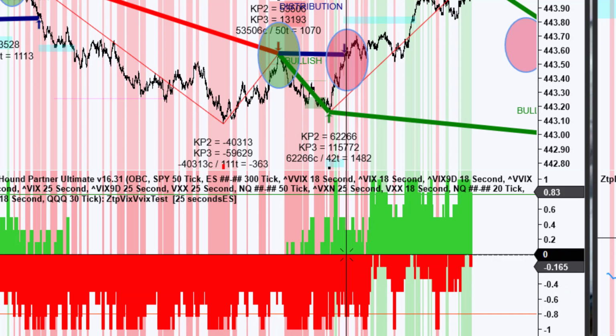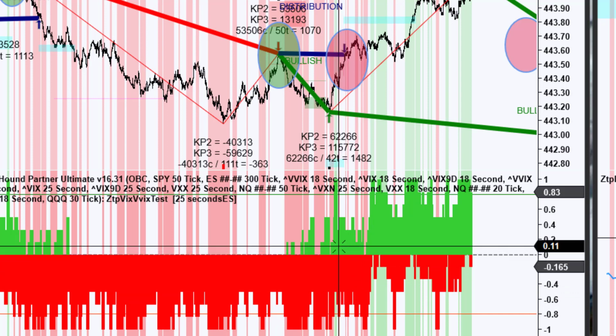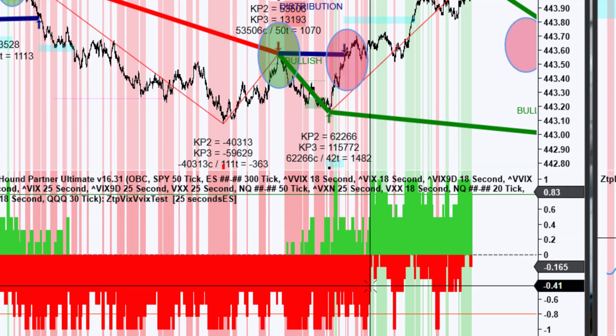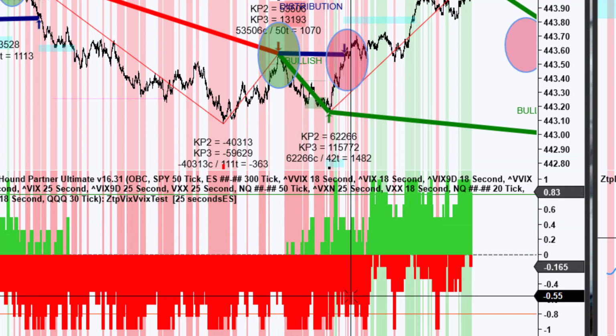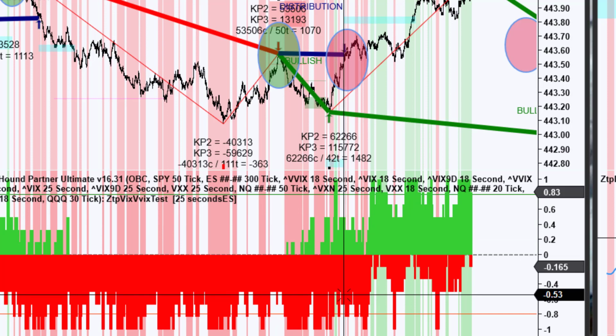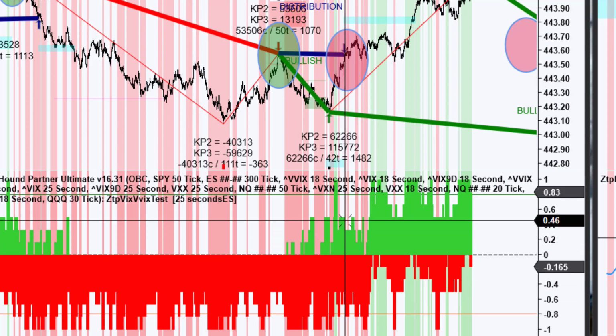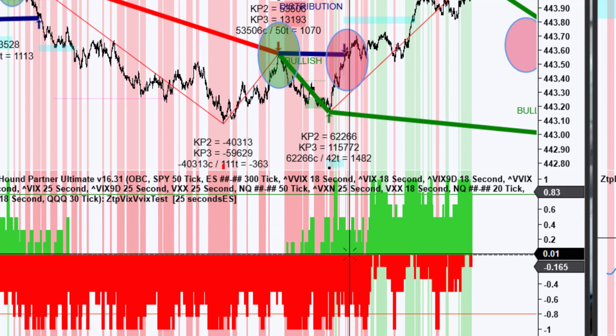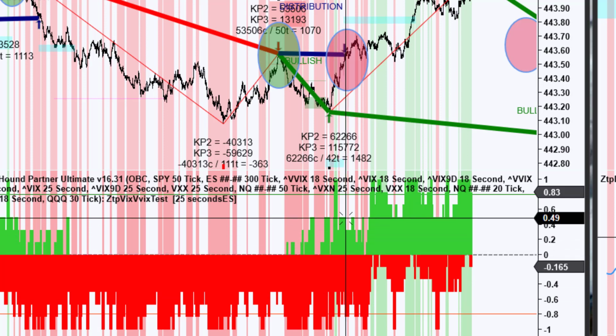If you watched any of the previous videos, what I've explained is that half of this VIX signal is made up of the VIX itself, of various VIX signals. There's 3 of them. And half of the signal is made up of the tradable instruments. And there's 3 of those.